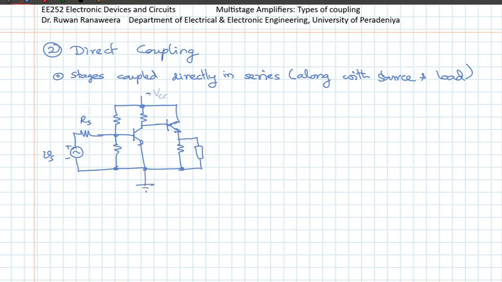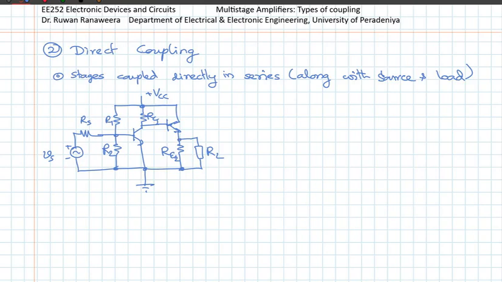Okay, so this is an example of direct coupling. Okay, this is my RL, this is RE, RC1, RE2. This is the biasing R1 and R2. Okay, so this basically is an example of direct coupling.